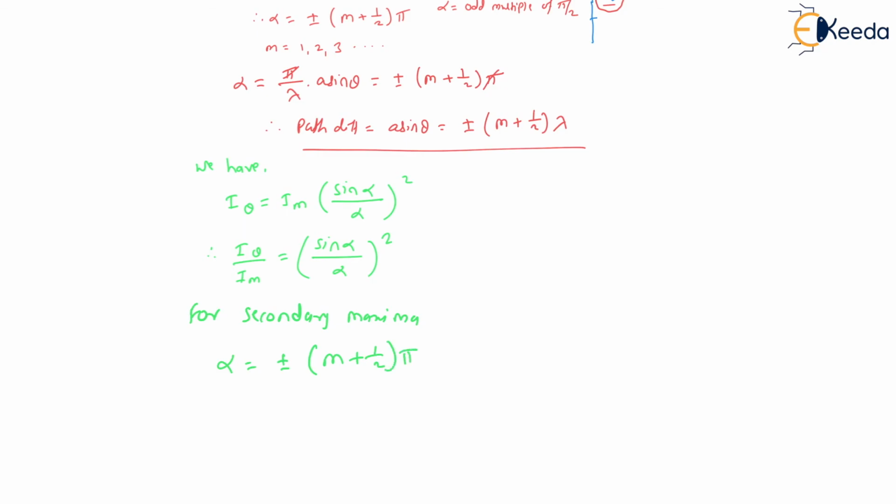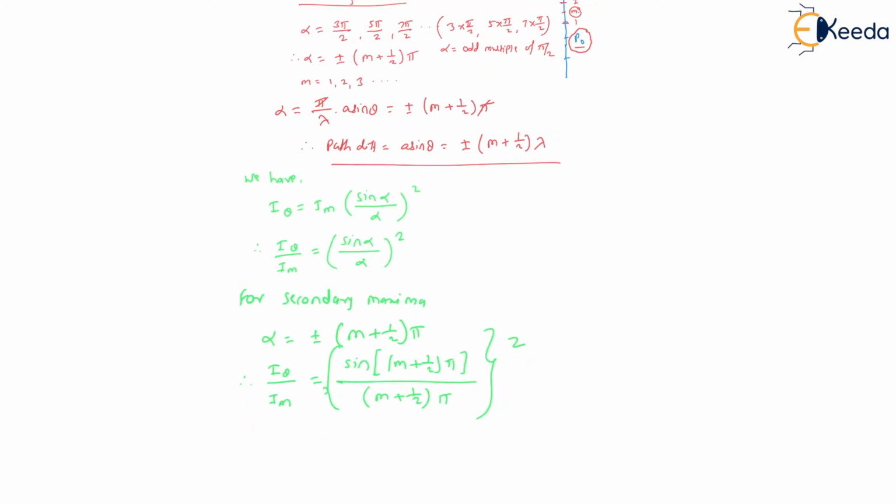If you substitute this in the above equation, we get I theta upon Im equal to sine of (m plus 1 by 2) into pi, divided by (m plus 1 by 2) into pi, whole square.